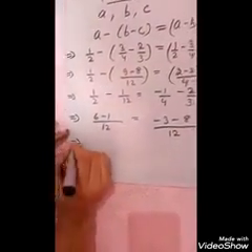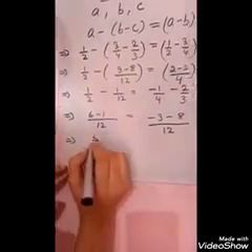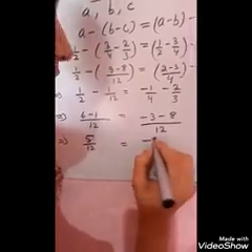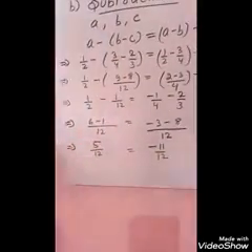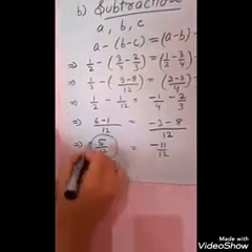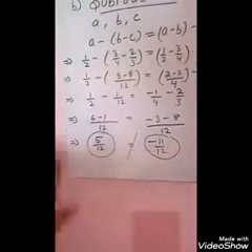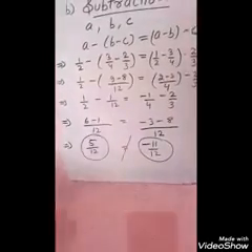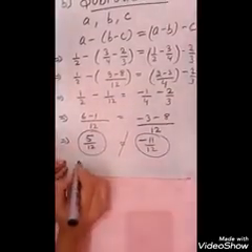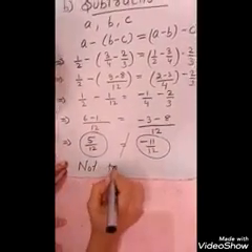So here you can see that you will get 5 by 12 on LHS, whereas you will get minus 11 by 12 on RHS. Okay, so student, you can clearly see that this 5 by 12 is not equal to minus 11 by 12. So we can conclude that associative property of rational number is not true for subtraction. So we can conclude it as not true or not followed.